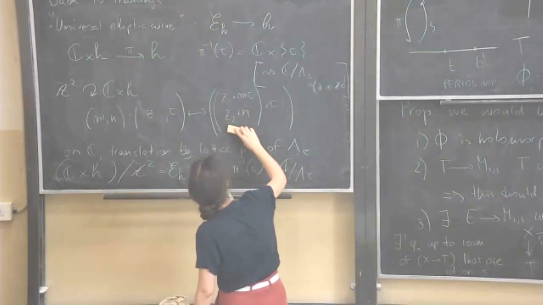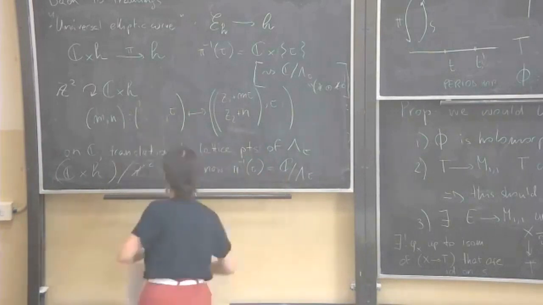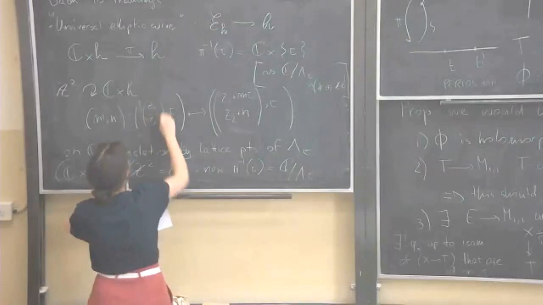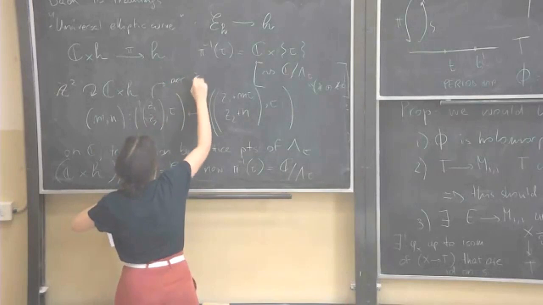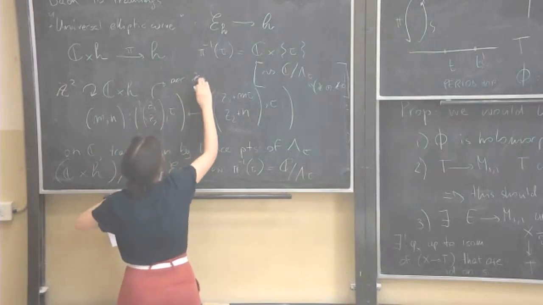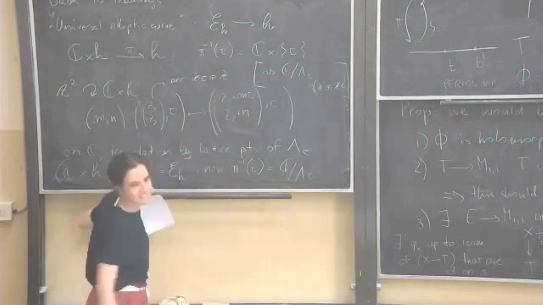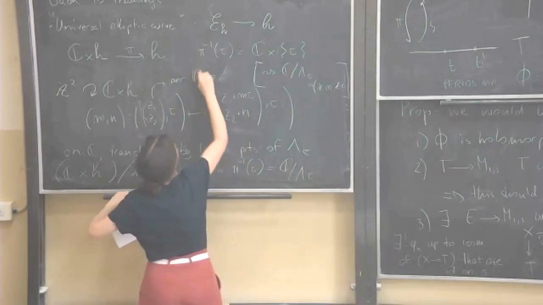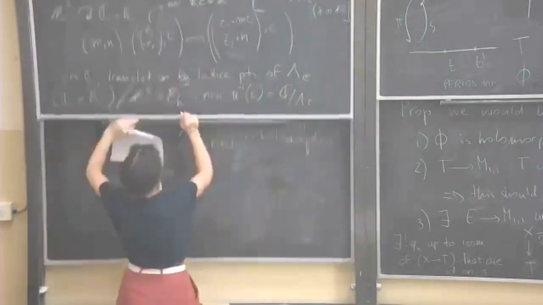I think it's just fine if Z1 and Z2 are written in R plus R. Yeah, thank you.